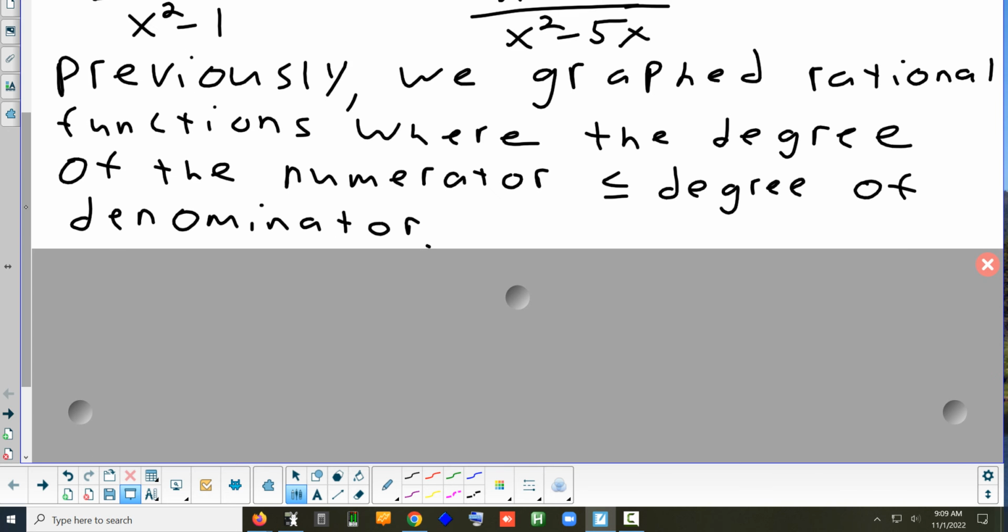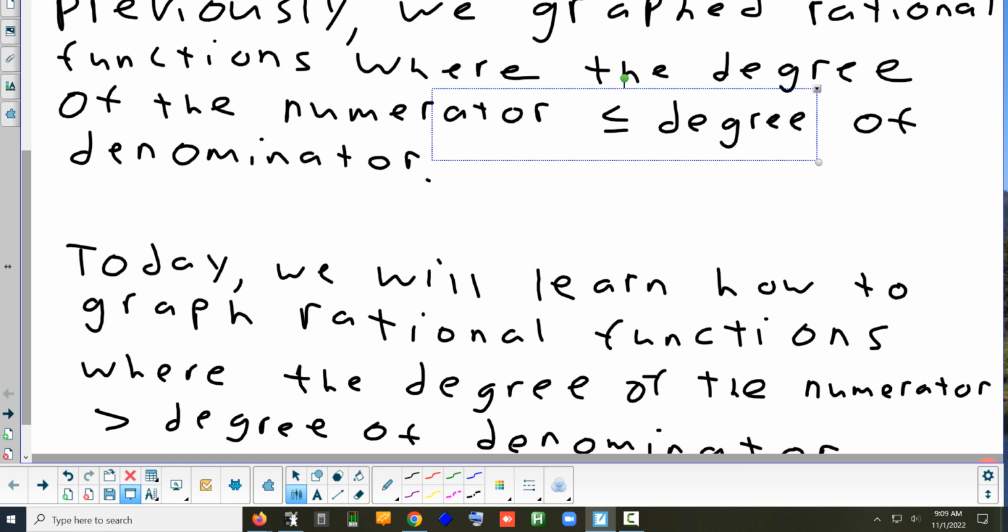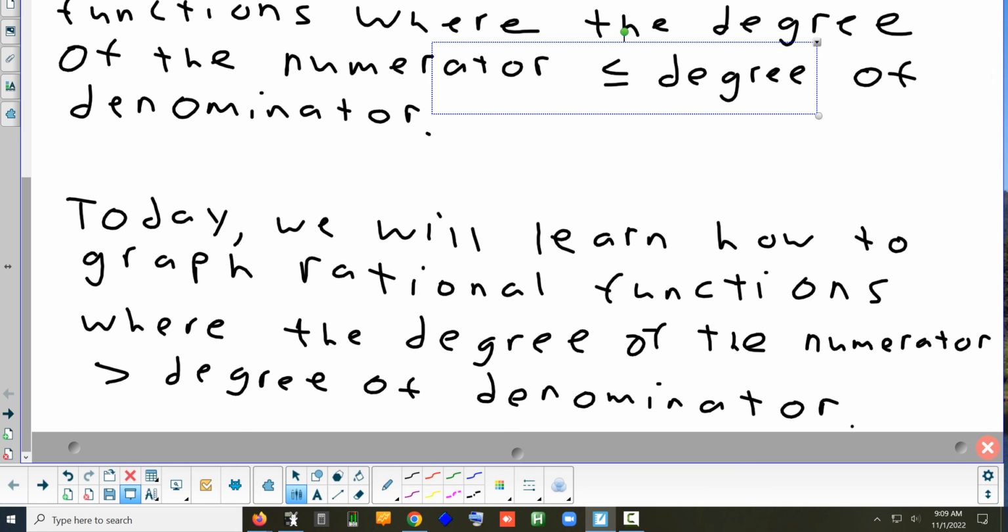So now we're going to look at what happens if the degree in the numerator is greater than the denominator. So we'll look at graphing when the degree of the numerator is greater than the denominator.